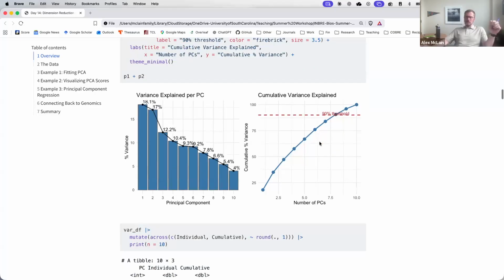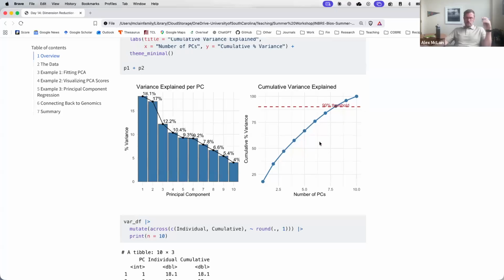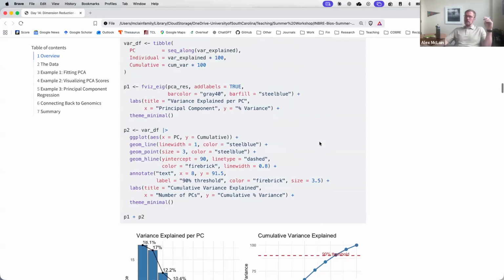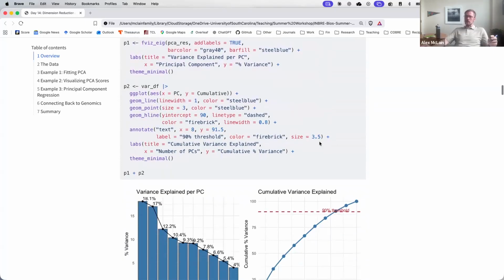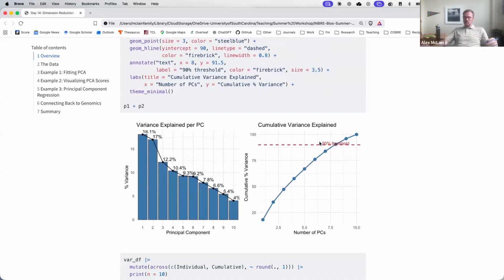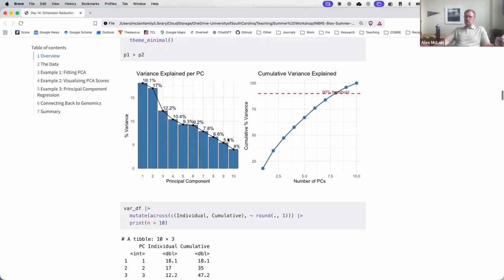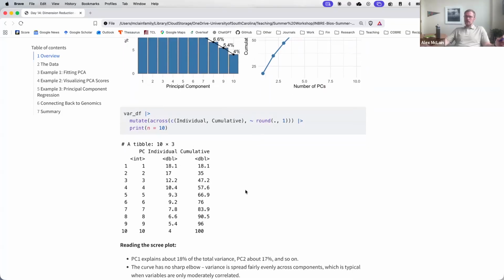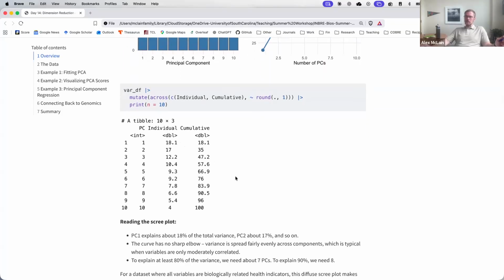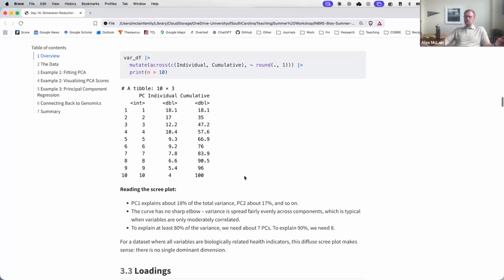I don't show the eigenvalues, but we could look at those and see how many are greater than 1. Mostly for this first part, we're going to look at the first 2 principal components and see what we get with those. And this is just that data in a tabular form.